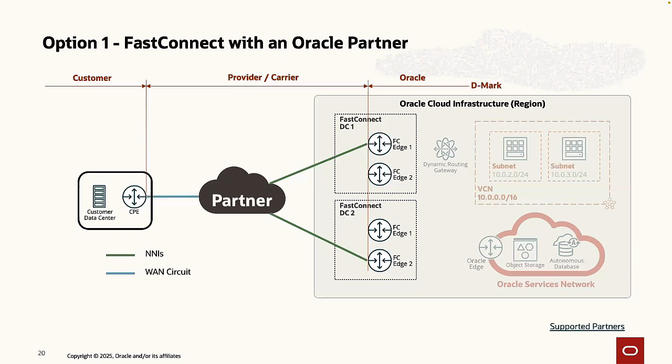There is a list which provides the partners for a particular region, and you can use them for establishing FastConnect with a partner. The typical use case for a partner would be when you would like to have low latency, high bandwidth private connectivity without managing the physical circuits.